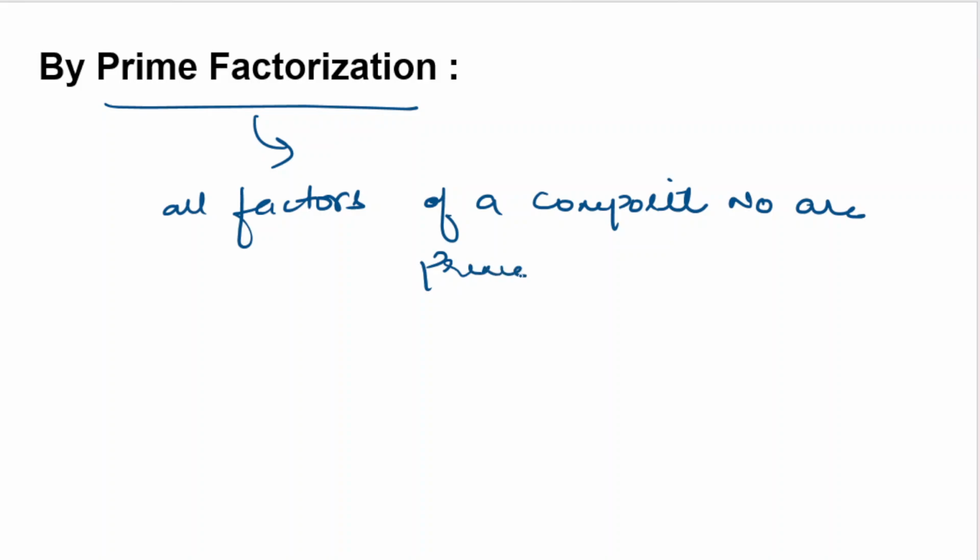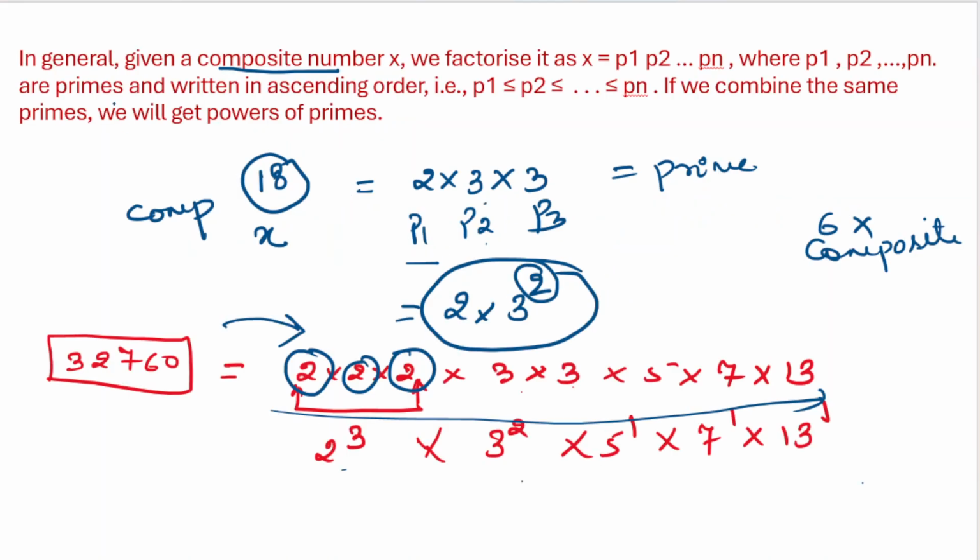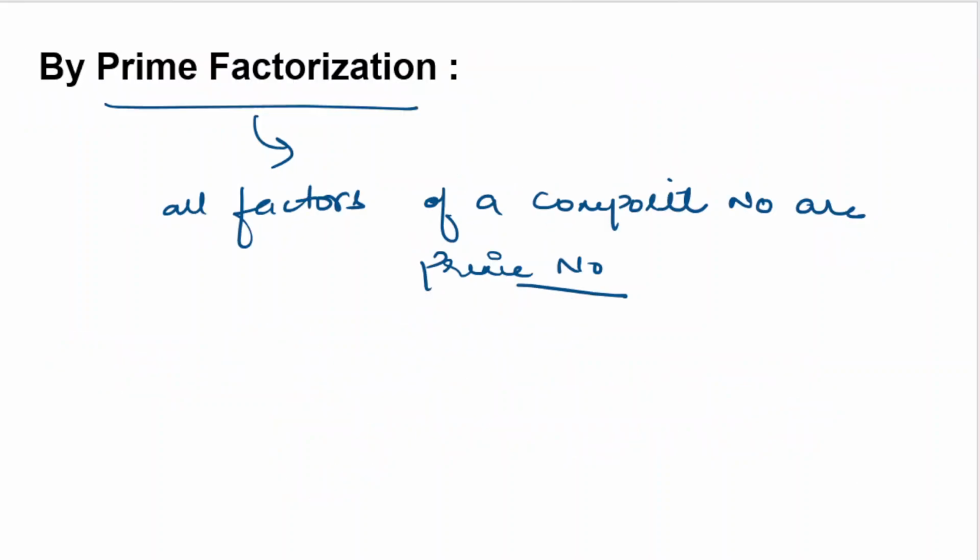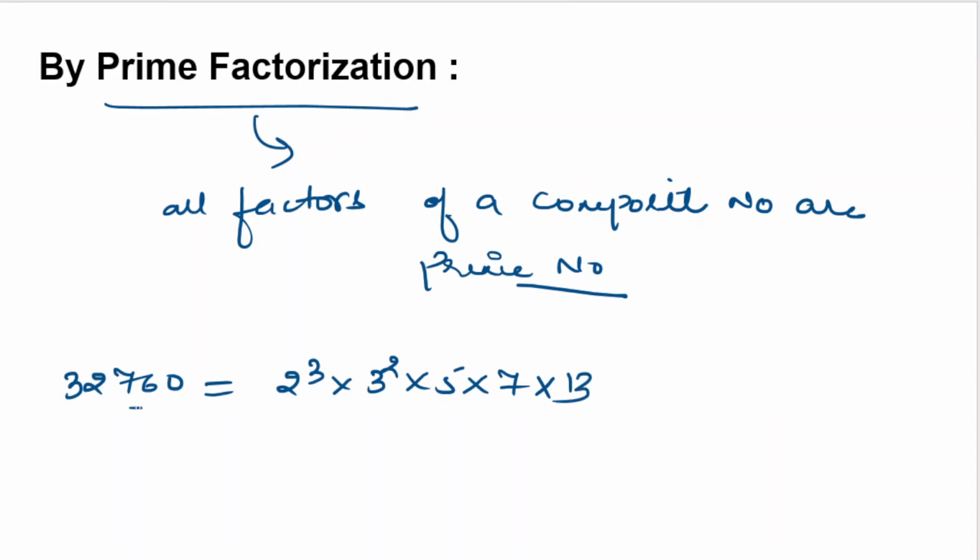Okay, this is your prime factorization, and in this we can write it in the form of powers. So you can write it as 2 to the power 3 into 3 to the power 2 into 5 into 7 into 13. This is your prime factorization.